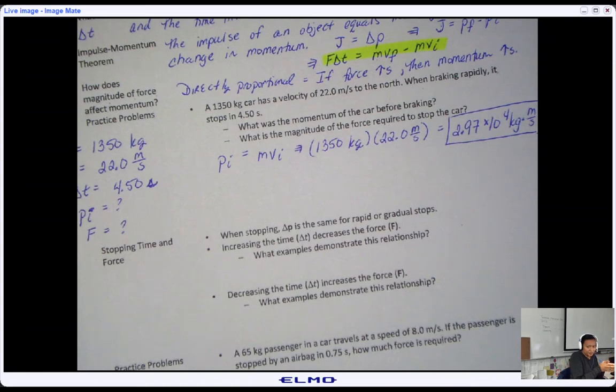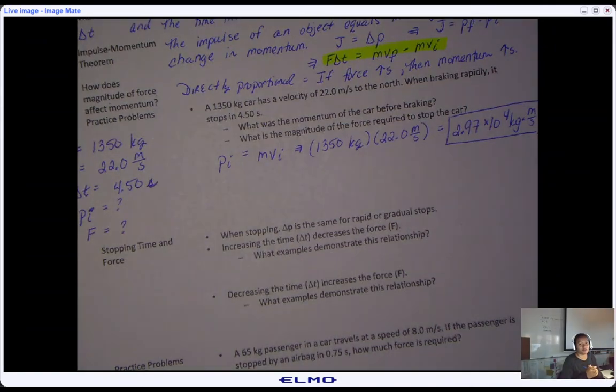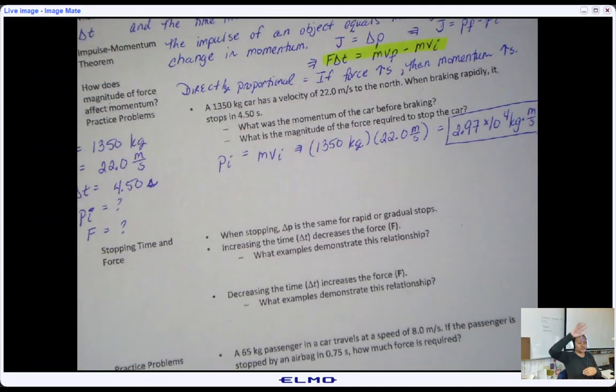Your change in momentum has nothing to do with time. It has to do with your mass times your final velocity and your initial velocity. No matter how long it takes me to stop, my final velocity is going to be 0, and I still started at 50 miles per hour. So your change in momentum is going to be the same no matter how long it takes to stop.